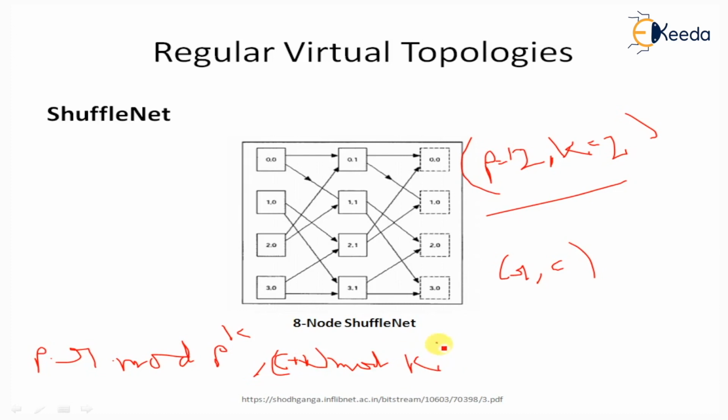The next equation is (p times r mod p raised to k plus 1, c plus 1 mod k), and so on up to the p-th stage. The last equation is (p times r mod p raised to k plus p minus 1, c plus 1 mod k). This is the 8 node shufflenet with p equal to 2 and k equal to 2.